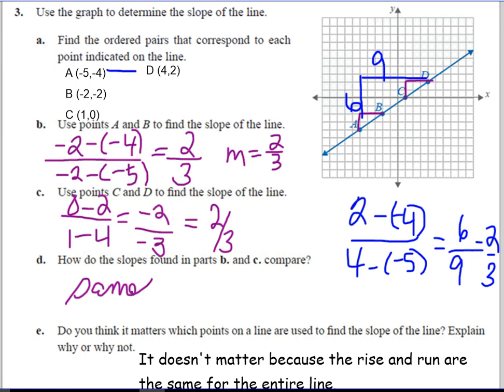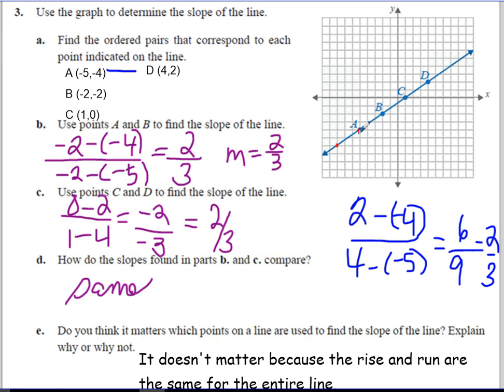So again, as I was mentioning, when I'm given a graph, I just count. Usually they're not going to show you the different points like that. So what I would do is find a point that works perfectly. Let's try and even find one that's not on there. Find one where it crosses perfectly in the corner and slide up my line until I find the next time that it crosses perfectly in the corner.